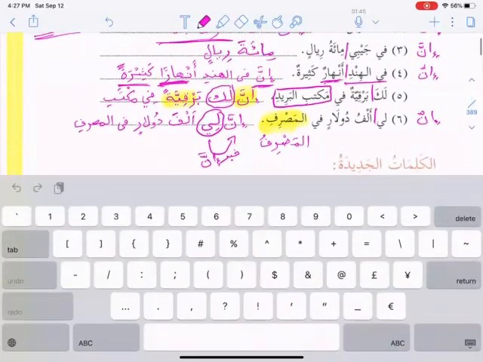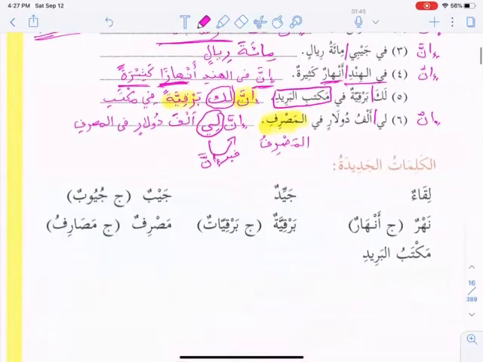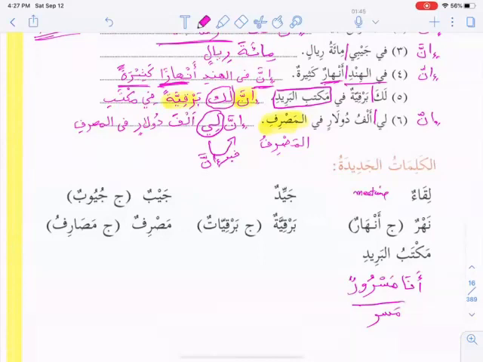Liqa'un, meeting. Meeting. You will remember this sentence. Ana masrurun. Or if a sister will say, she will say masruratun. Masruratun.